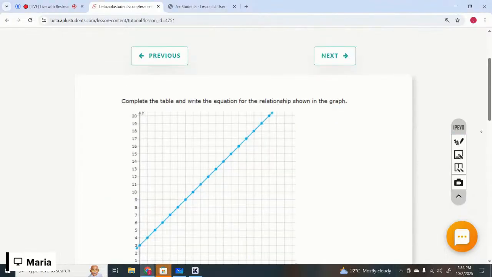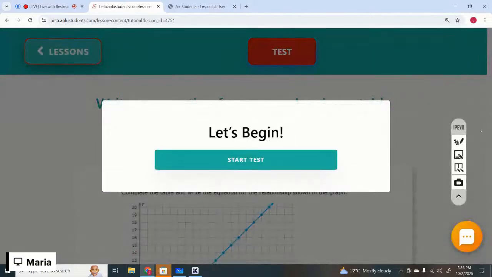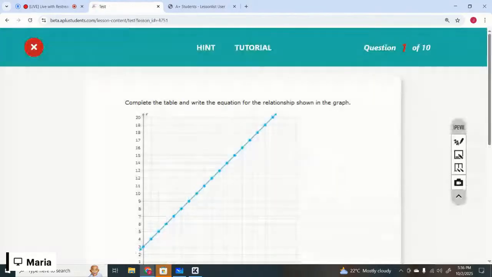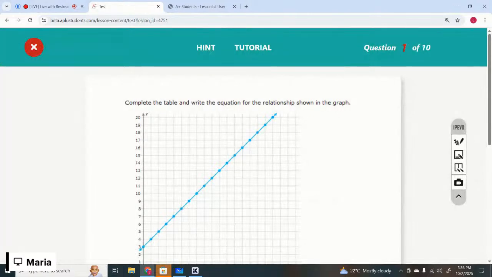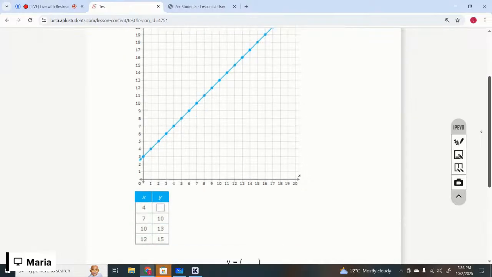Let's just start with the test questions. Complete the table and write the equation for the relationship shown in the figure.